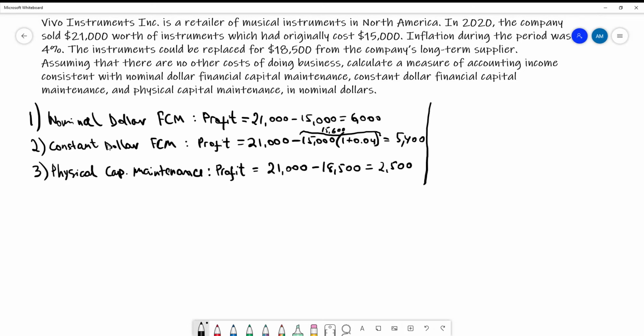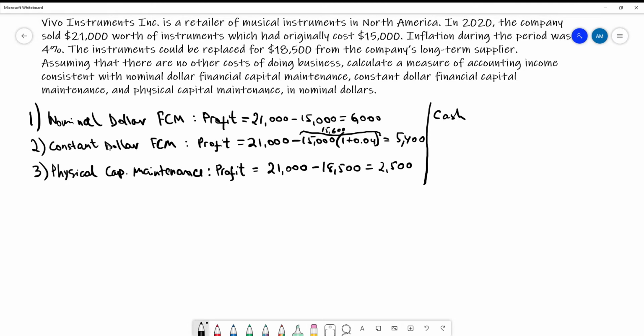And here, one more thing to keep in mind is that you might be wondering which approach gives more flexibility to the company in terms of purchasing inventory or replacing inventory. So to do that, let's look at cash. So imagine this company just paid out its profit as dividends to its shareholders, right? And it's a very simple business.